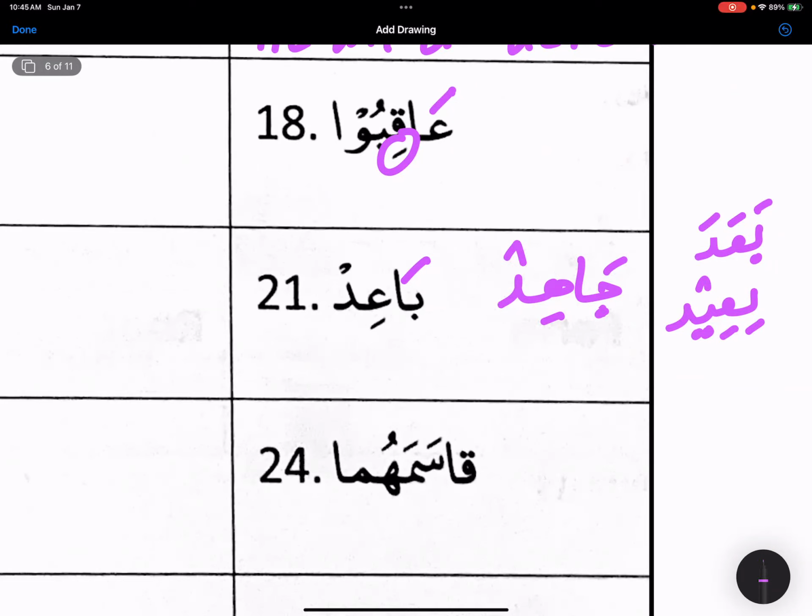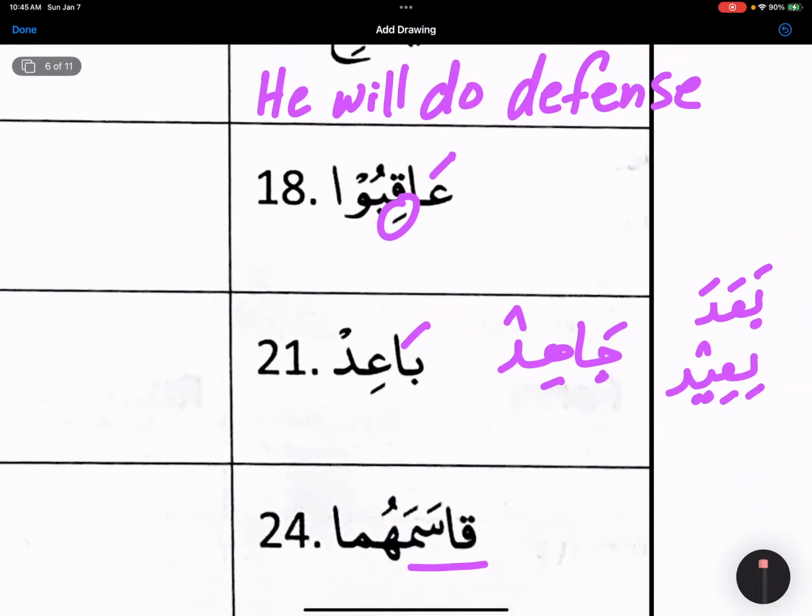Next one. Qasama huma. So whenever you have two words, Qasama is one word and huma is the attached pronoun. So first you need to distance them and focus on Qasama.